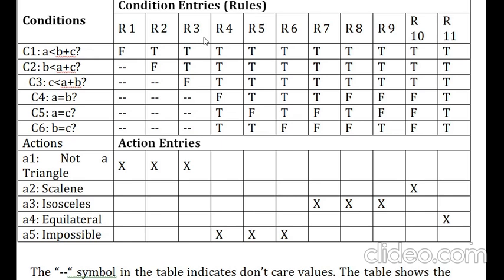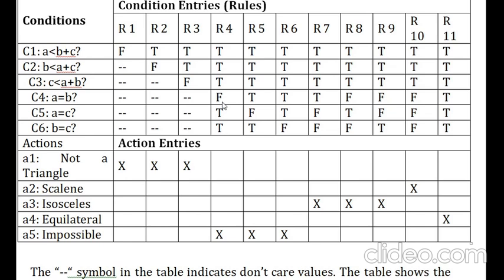So come to rules R4, R5, R6. These are the impossible cases in the action entries. See here in A5, impossible cases. For example, come to R4. Definitely C1, C2, C3 are true, but C4 is false, meaning A not equal to B, but C5 and C6 are true.